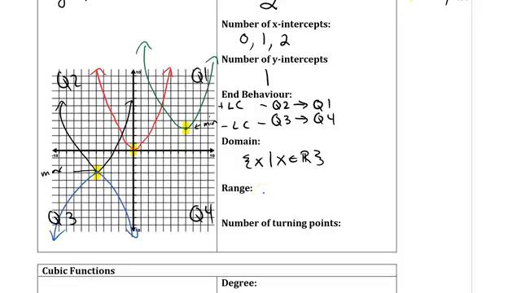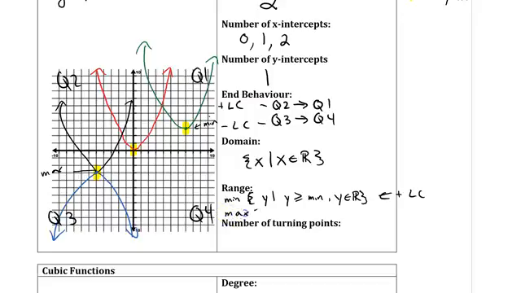If we have something that opens up and is a minimum, we're going to say y such that y is greater than the min, y is an element of the reals. So this would be for our positive leading coefficient.